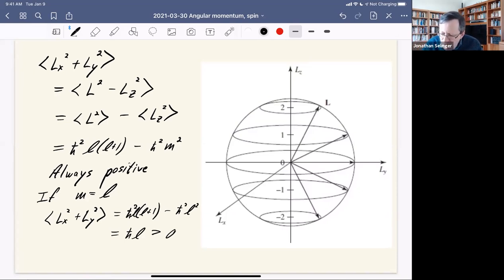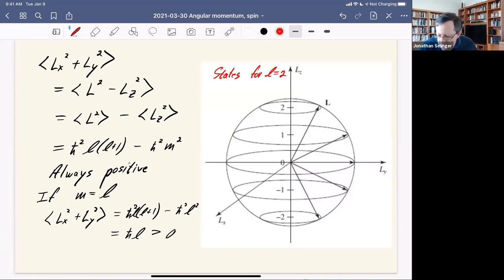The way people visualize it is with this figure over on the right side of the screen. The idea in this figure is that this is a plot of Lx, Ly, and Lz. Here we have the states for a particular example, l equals 2.